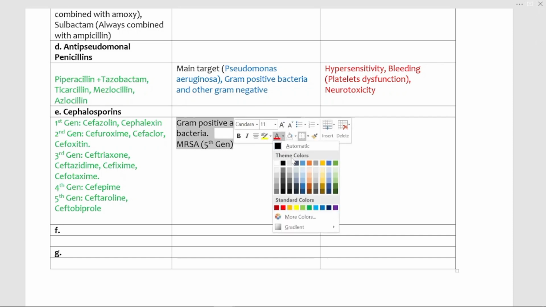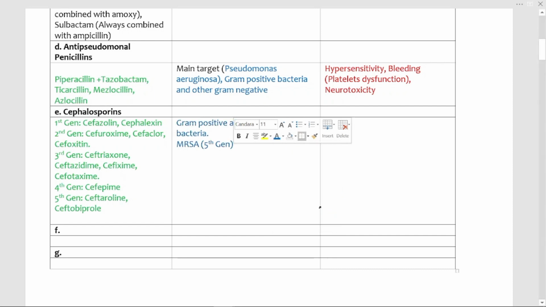When it comes to side effects, there's not much difference, just like other beta-lactam antibiotics. Hypersensitivity is one of the common side effects. Another one is also the gastrointestinal effects.